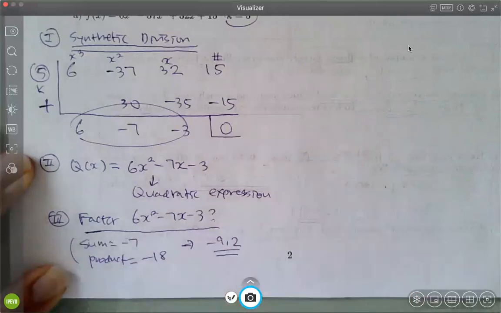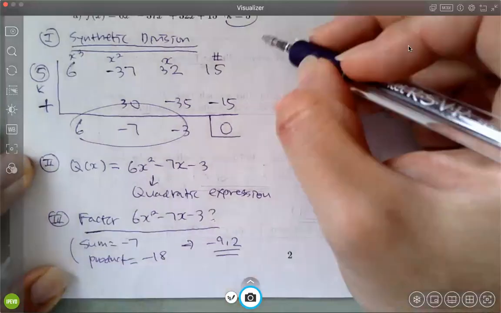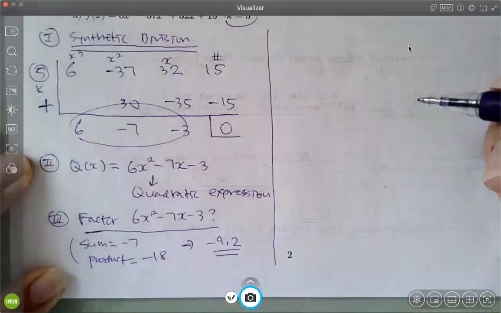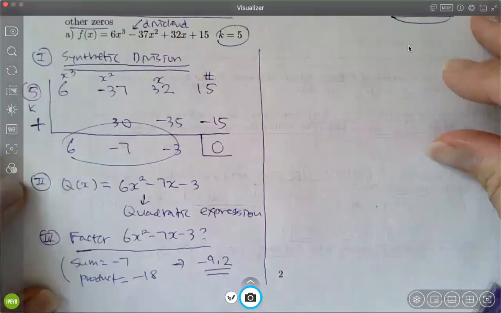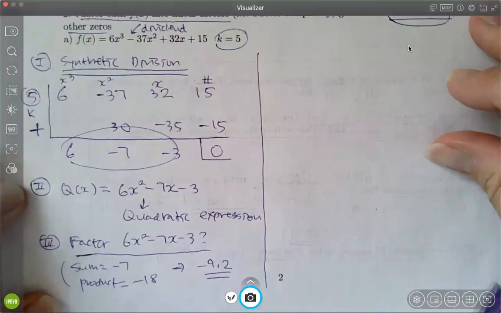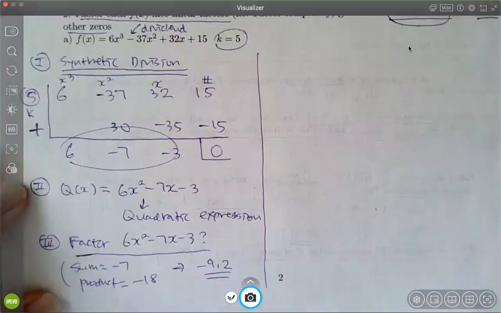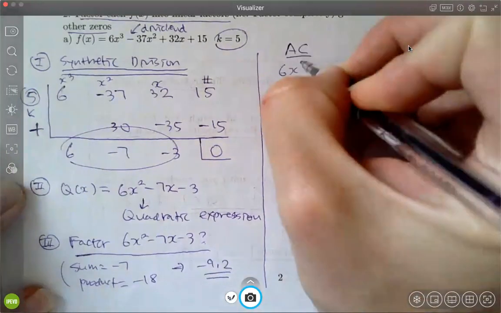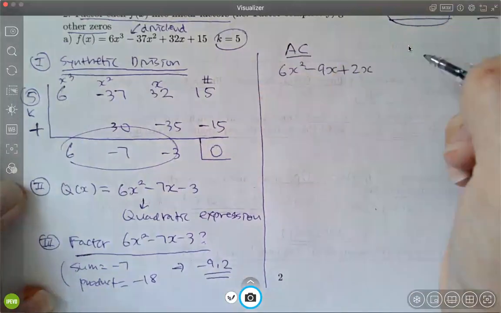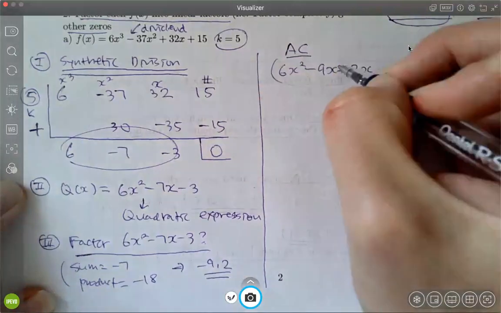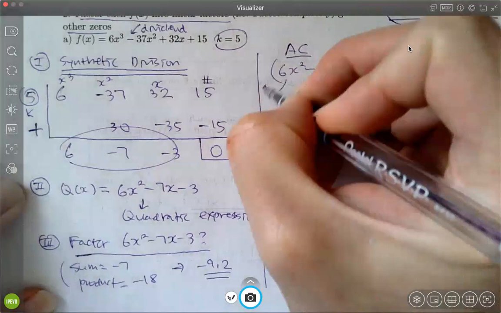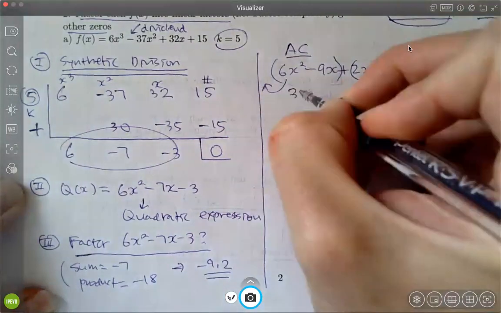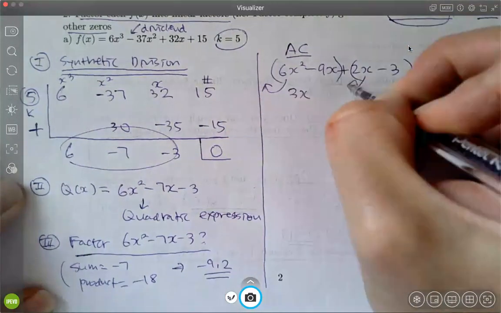Now what do you do? Here you can use either the AC method or the so-called Mustang method or whatever. But if you use the AC method, what do you have? 6x squared minus 9x plus 2x, and then minus 3, right? And then you do the grouping. From the first group, the GCF is 3x. And from the second group, the GCF is 1.